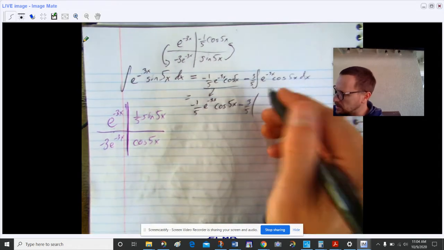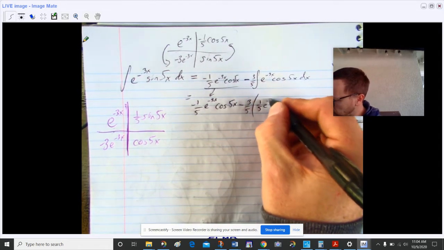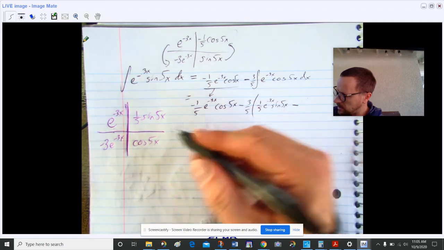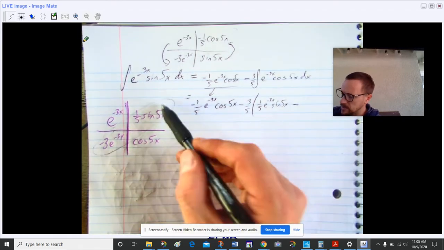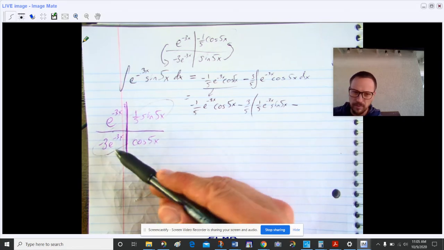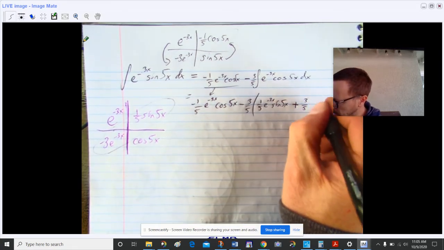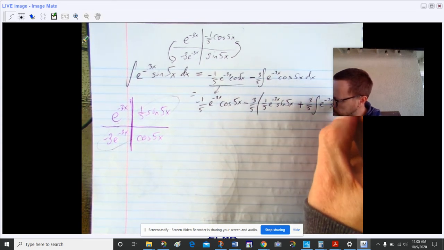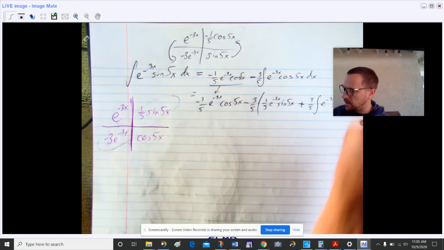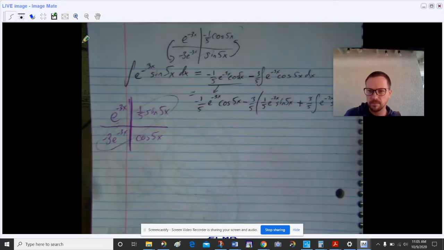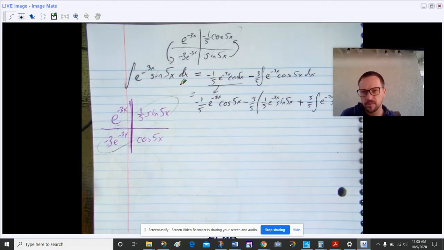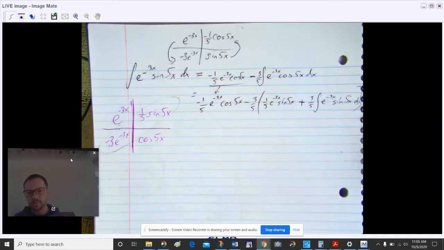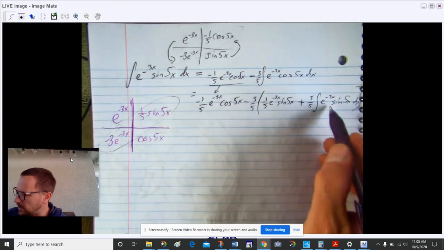All right, then we got these two guys, so that's 1/5 e to the negative 3x sine of 5x, and then we have a minus, and then we can take that negative 3/5 out, so that's going to be plus 3/5 on the outside, and then the integral of e to the negative 3x sine of 5x dx. With this part right here, that's the key.